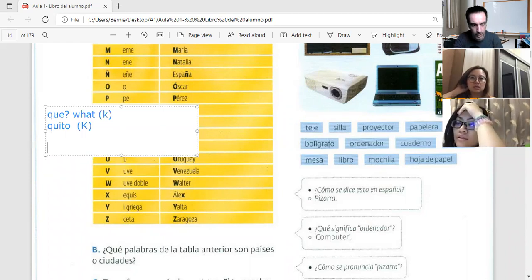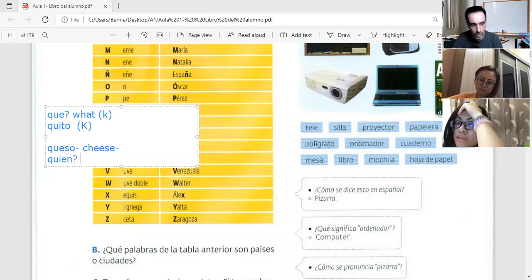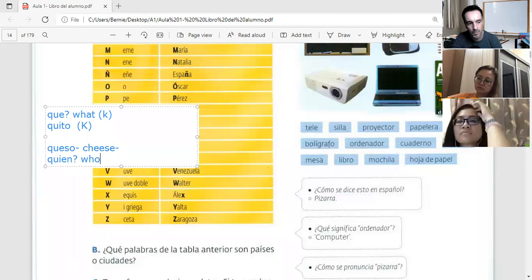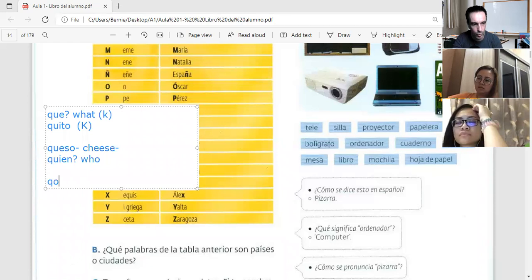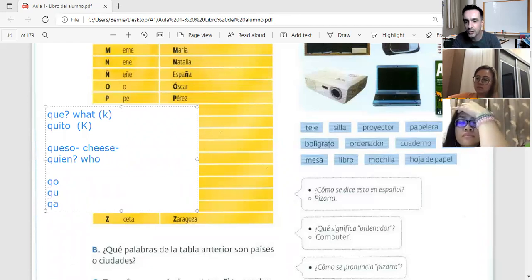For example, queso, cheese. Or ¿quién? Who? Quién means who, but just to show you. Later on, if you use it with ko, ku, ka, it's very hard to find any word like this.